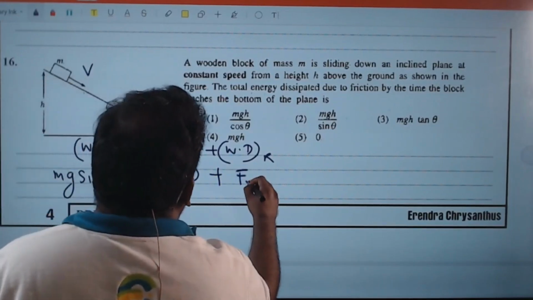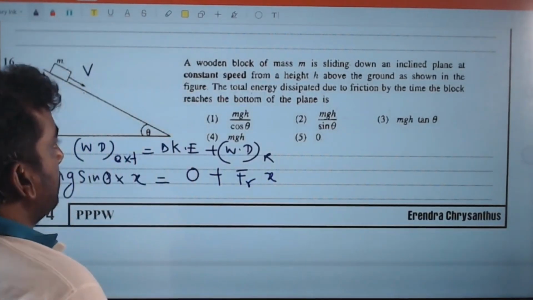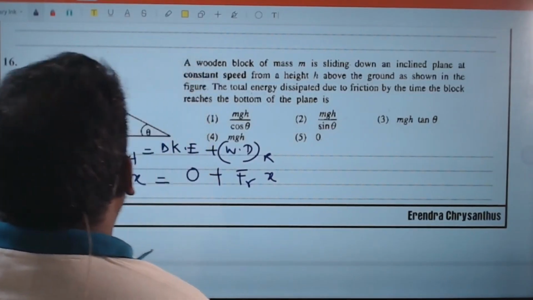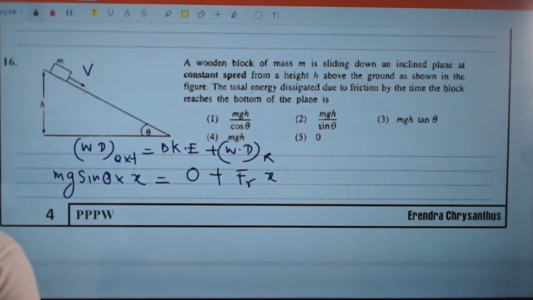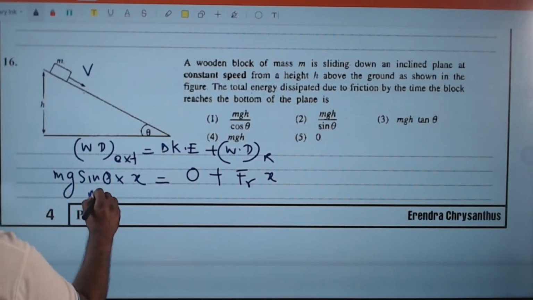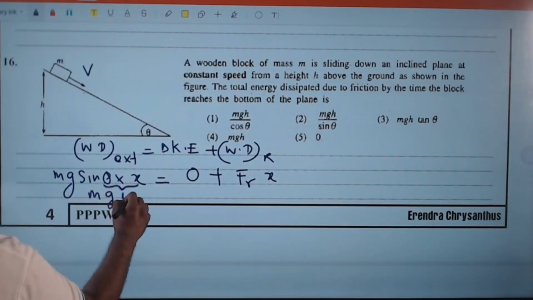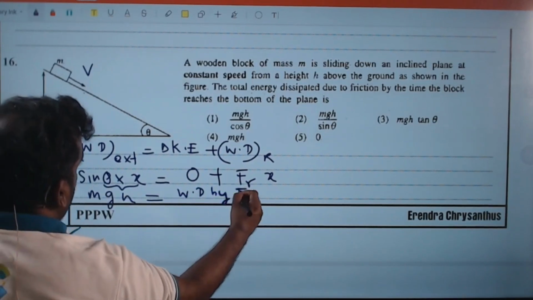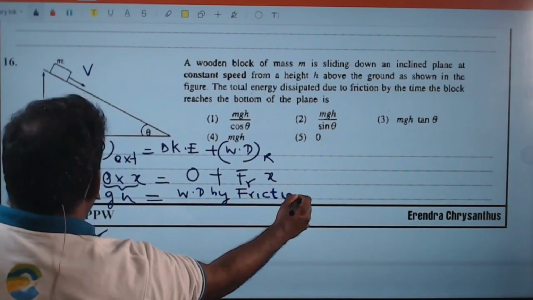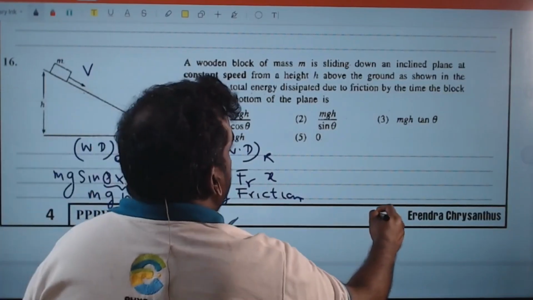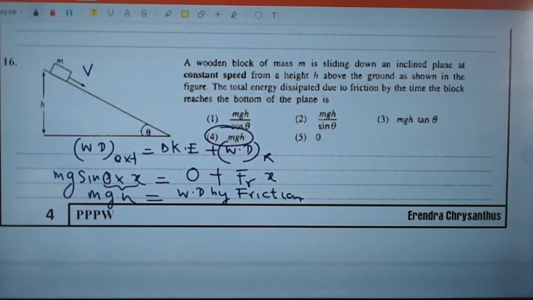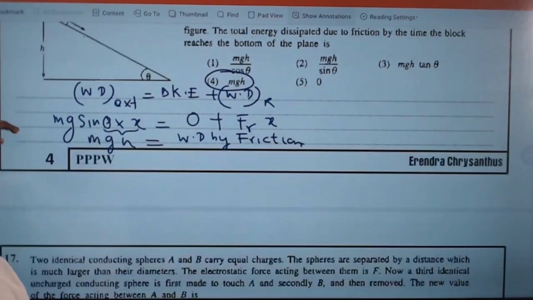Work done by resistive force times x is the energy dissipated due to friction. x sin theta is h, so mgh is the work done by friction. mgh is your answer. The correct answer is answer number 4. The very basic work.